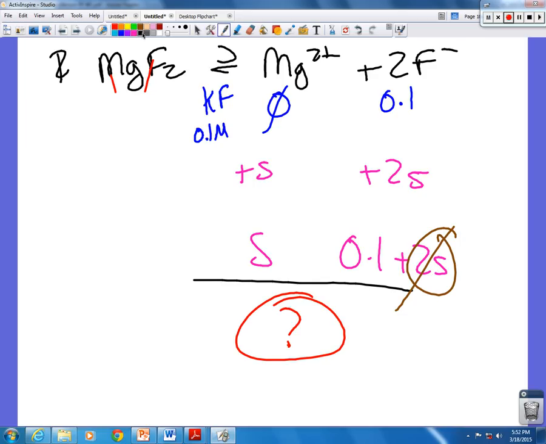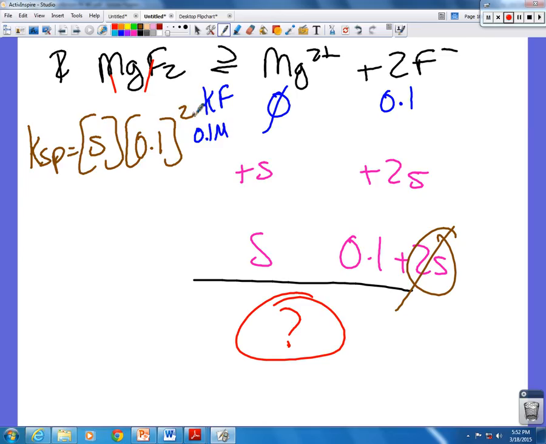I'm going to erase all this over here and use this space. So if I need an S value, I plug this back into K, right? So KSP is S times 0.1 squared. With me? Now, what's the value of the KSP of MgF2? We just saw it. 7 point something times 10 to the negative what?